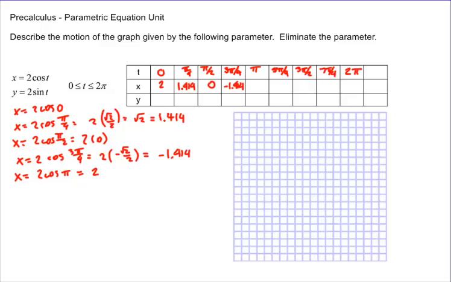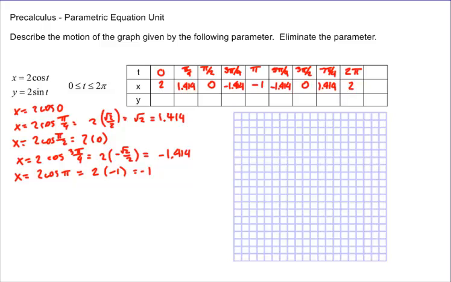Those are easy ones that we need to know. And then if you are paying attention, 5 pi over 4 would be negative 1.414. 3 pi over 2 is going to be back to 0. 7 pi over 4 is back to positive 1.414. And then 2 pi is back to 2.